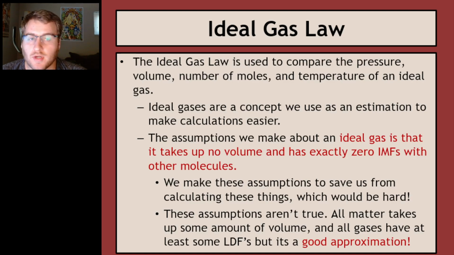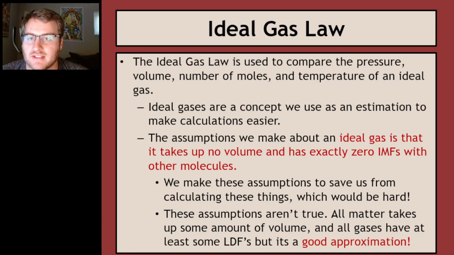Now, those assumptions we're going to make specifically for the ideal gas law are that ideal gases don't actually take up any space at all. The gas molecules are essentially zero space. They take up no volume. And that's not true. Gas molecules, if you add up all the volumes of the gas molecules in the room you're in right now, they would take up some of the space of the room.